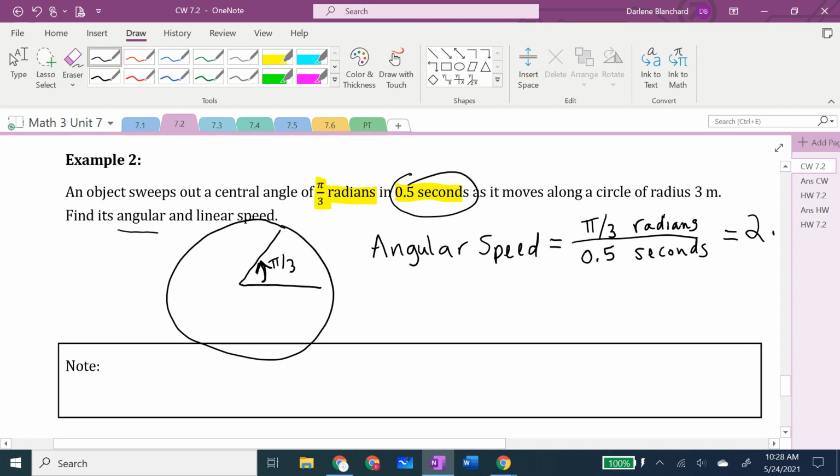You're asked to find the angular speed and then also find the linear speed. You want to remember that the linear speed has a really nice formula once you know the angular speed. The angular speed I'm representing with the letter omega. Linear speed I'm representing with the letter V. Linear speed is the radius of the circle multiplied by that angular speed.